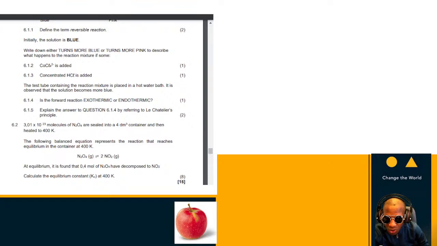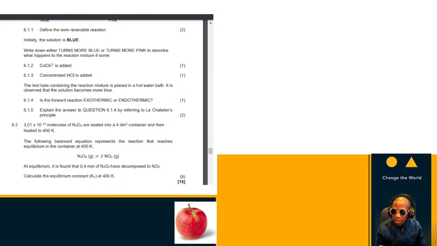The number of moles that we are starting with we don't know yet, but we are given 3.01 times 10 to the power 23 molecules of N2O4, so we have to calculate the number of moles that we start with. But the number of moles of NO2, which is the product, is 0 when we are starting, before reaching chemical equilibrium.